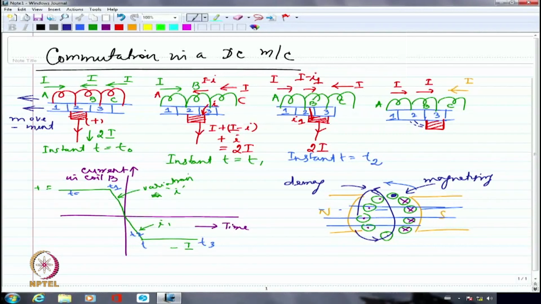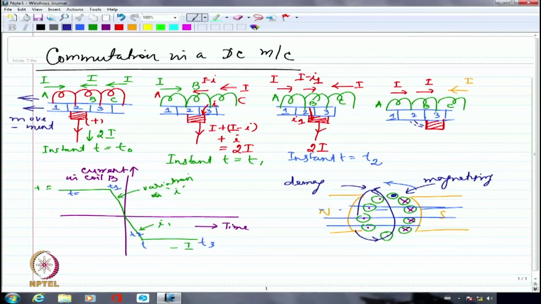That induced EMF definitely is going to cause a delay in the current not really reversing right away where it should have reversed, even after commutator segment number 2 has lost touch with the brush. So you are going to have some kind of ionization taking place, an arc is drawn out, a sparking occurs, and then the current is quickly going from whatever value, maybe I2, to plus I eventually, or minus I, if you may call it minus I.